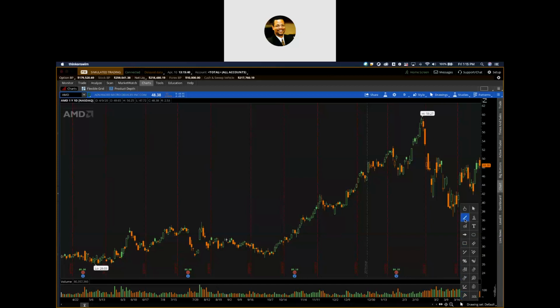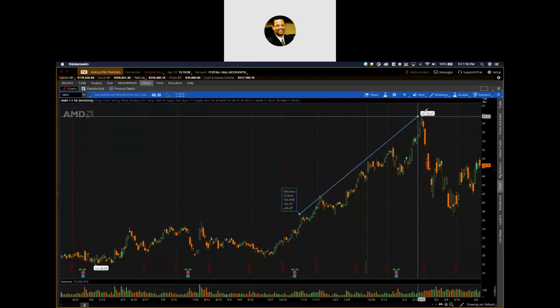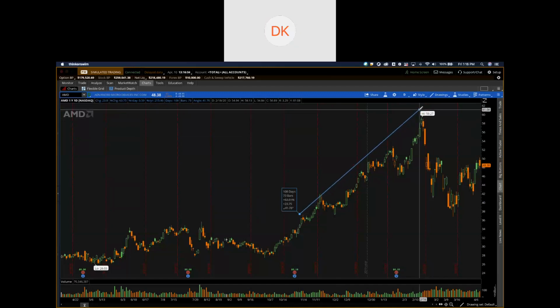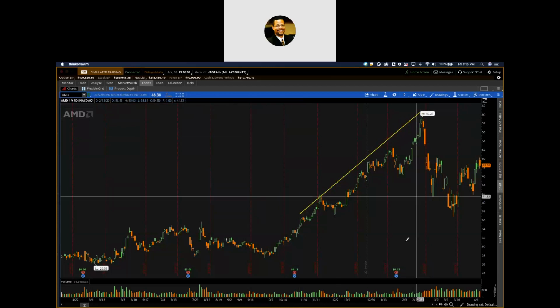And so what I'm going to do, just for my own visual acuity, is pick a point on my chart, get my mouse to work, and draw my little trend line. There we go. So that's my bullish trend.